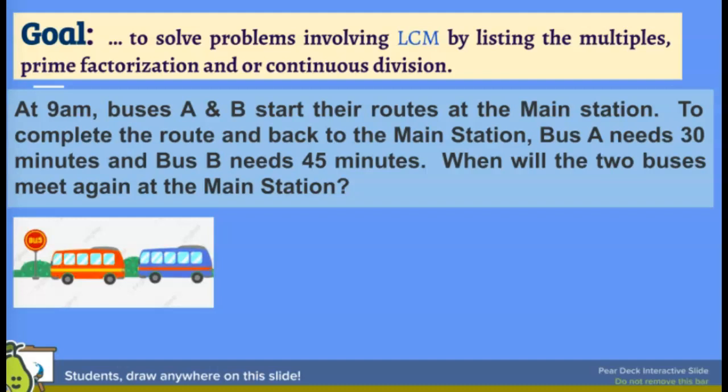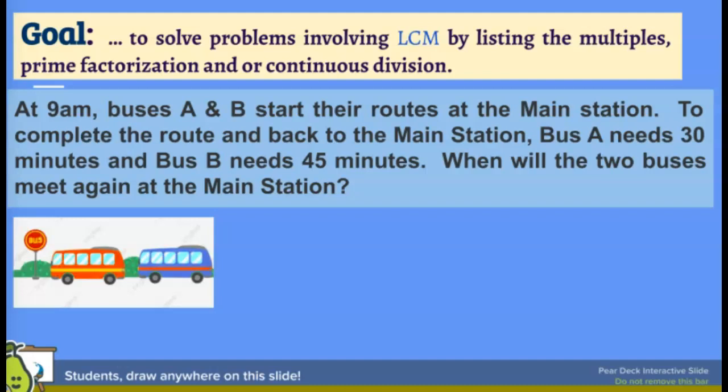Alana, would you like to add? Both buses would meet back at the main station at 10:30, because the least common multiple between 30 and 45 is 90. So in 90 minutes it'd be 10:30. So they would both be at the main station at 10:30 a.m. How did you figure out 10:30, Alana? Well, it's not just 30 and 45, it's 30 minutes and 45 minutes, and there's 60 minutes in an hour.